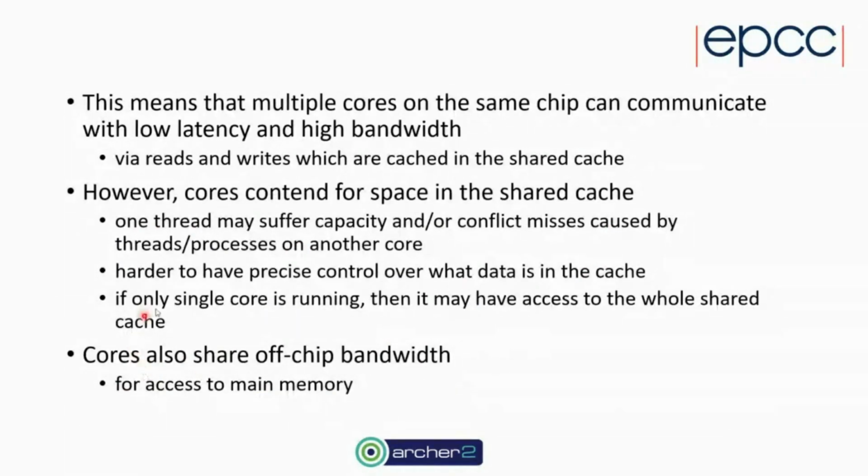As we'll come on to see, it does mean that an individual core, if you're running nothing else on the processor, just running one program on a single core, may have access to more memory bandwidth than you would if you were running 64 things per processor, because other things will be contending for memory bandwidth as well.